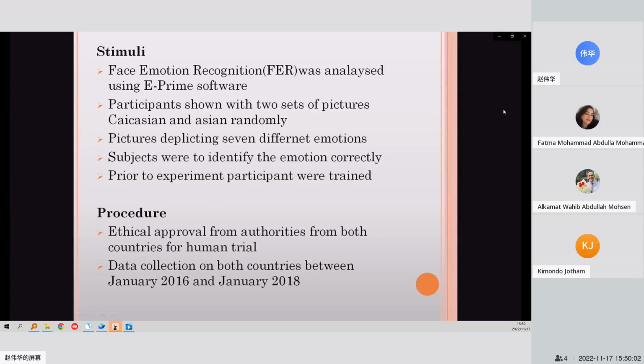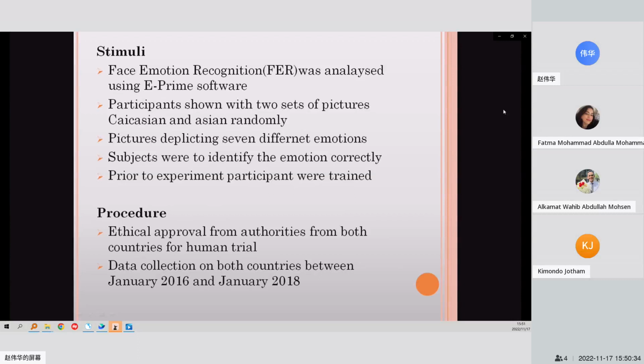Pictures depicting 7 different emotions were shown: neutral, happy, sad, anger, fear, disgust, and shame. Subjects were to identify the emotion correctly. Prior to the experiment, the participants were trained for familiarization with the tasks so that there were no mistakes.